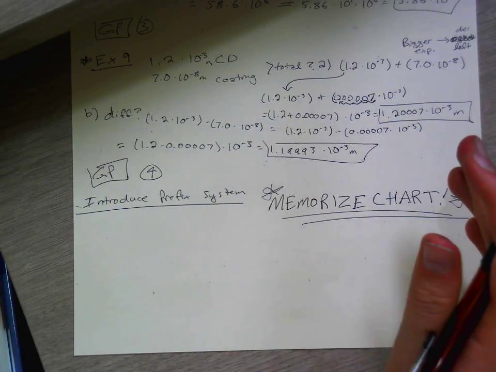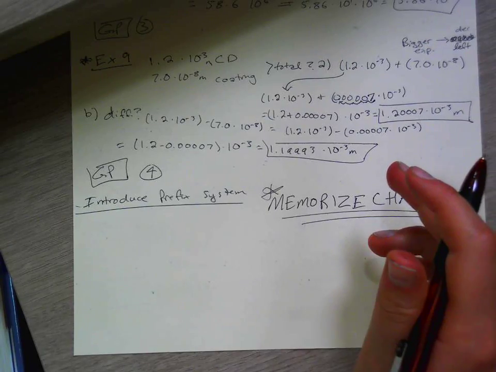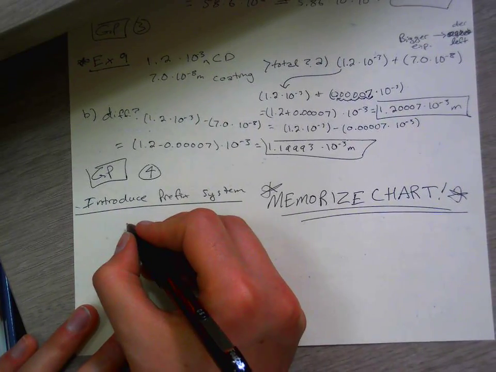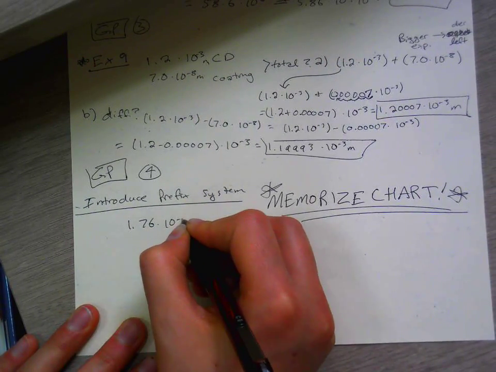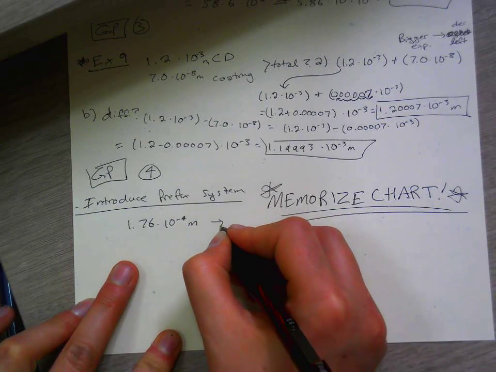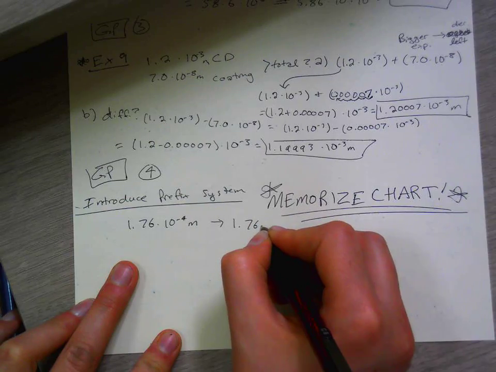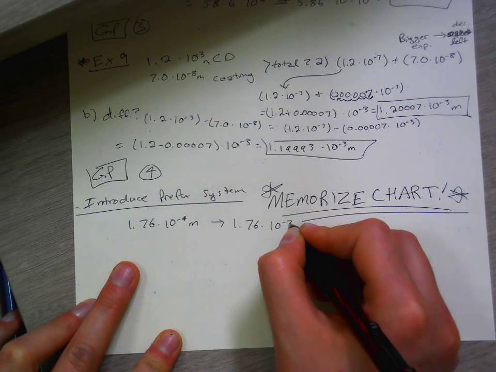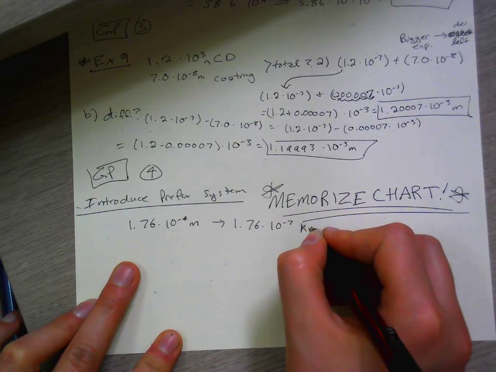because it will help. For example, if the width of a human hair is 1.76 times 10 to the negative 4 meters, you could write that in other numbers, like 1.76 times 10 to the negative 7th kilometer.